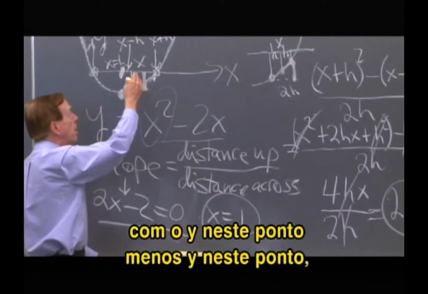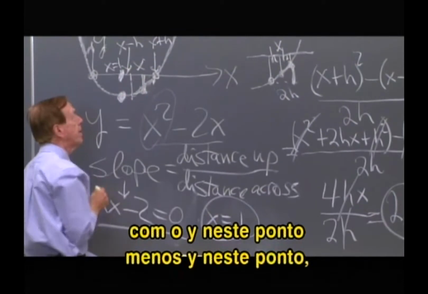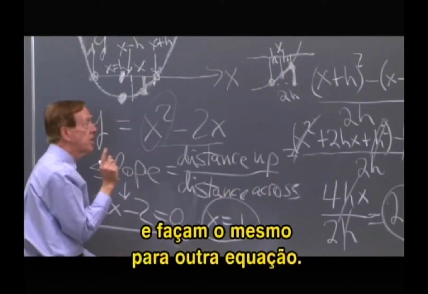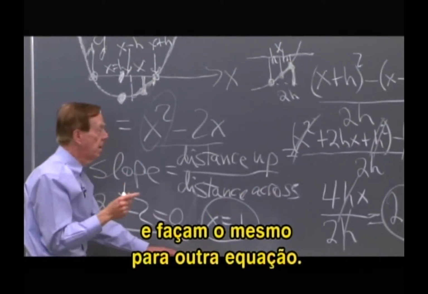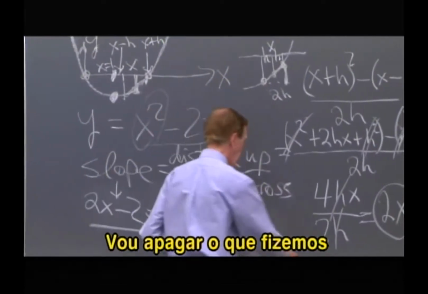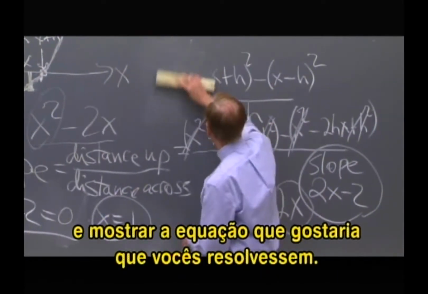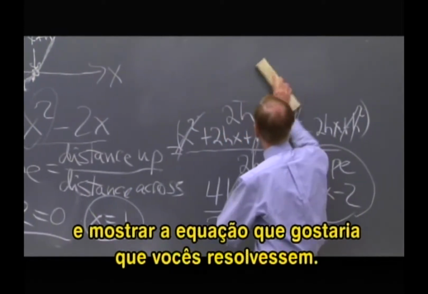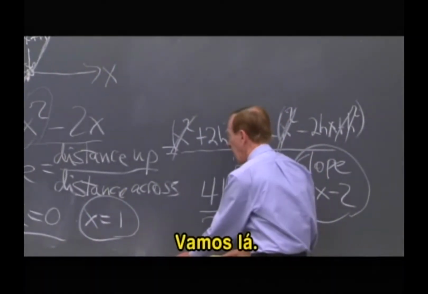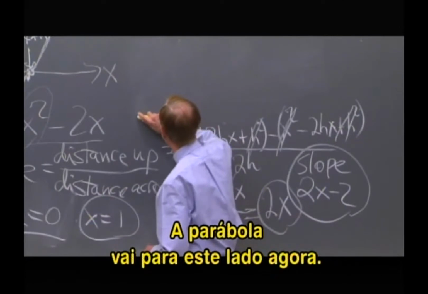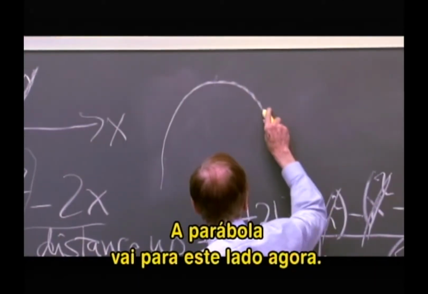Y at this point minus y at that point, and do the same for a different quadratic. So I'll just erase what we did there and show you the quadratic I'd like you to tackle. Here you go. This is now one that goes this way.